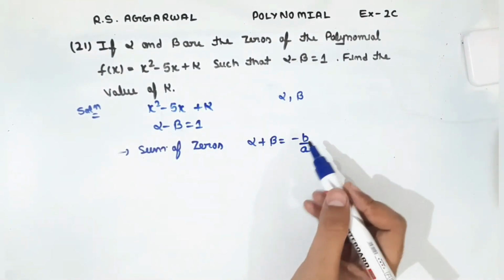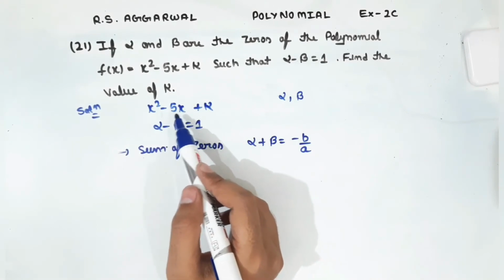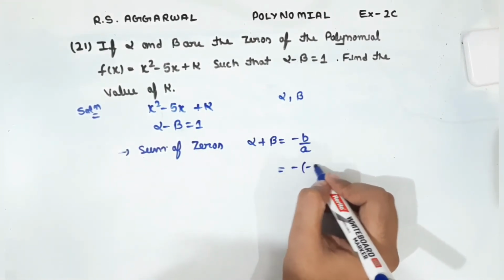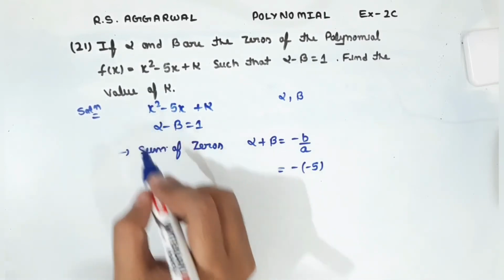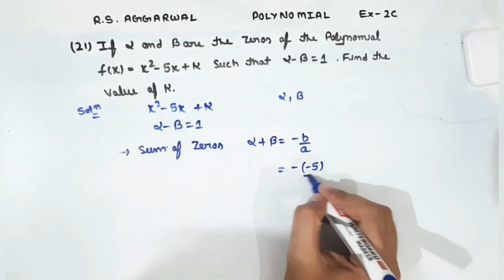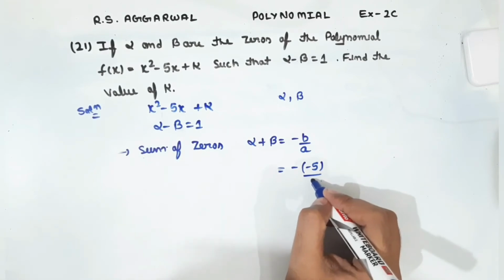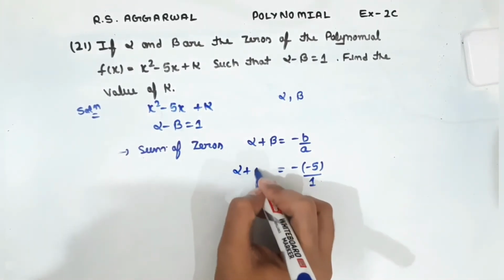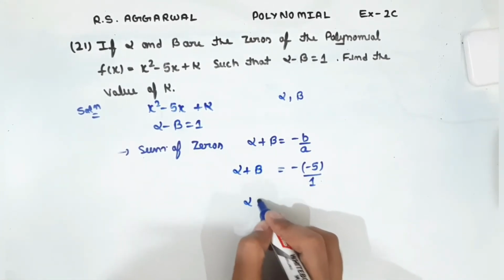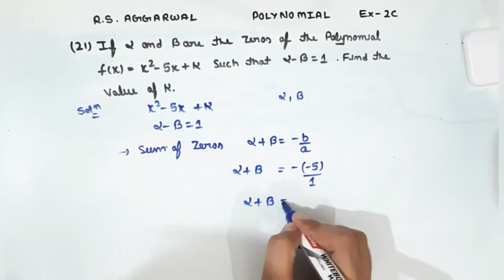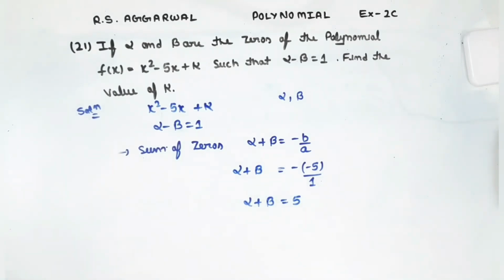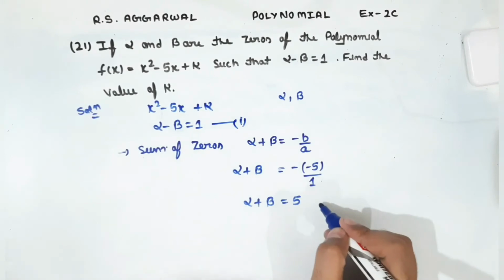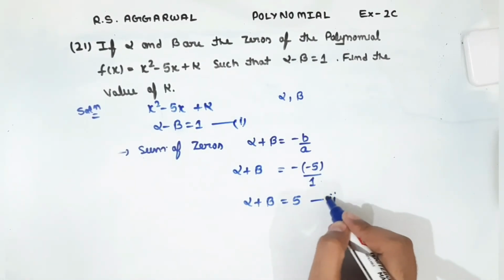And here b is the coefficient of x, that is minus 5, and a is the coefficient of x square, that is 1. So from here alpha plus beta will be equal to 5. Let this be our equation first.